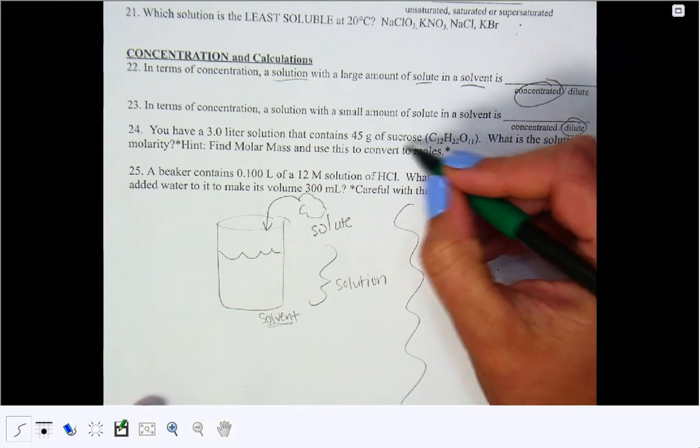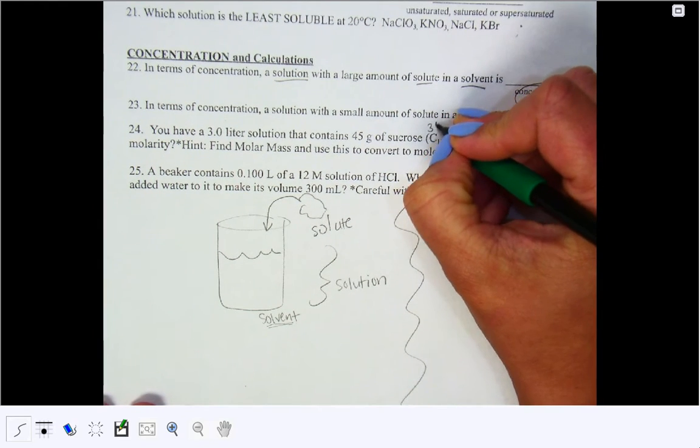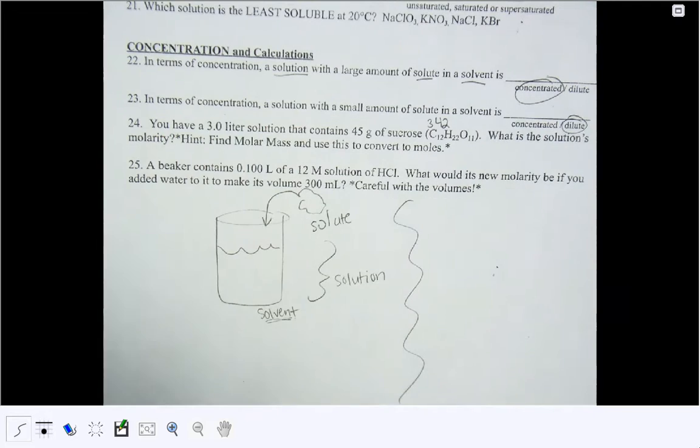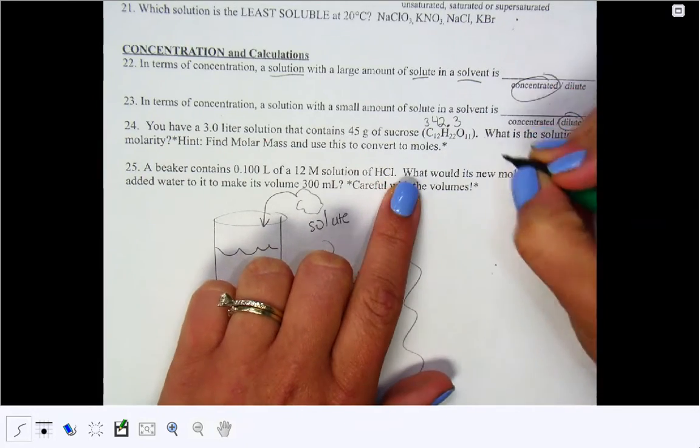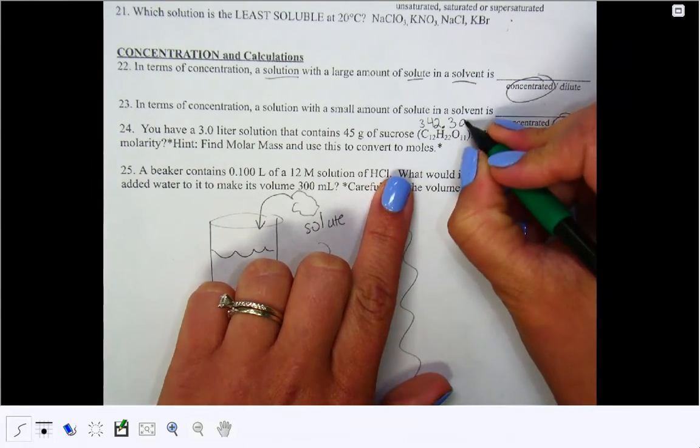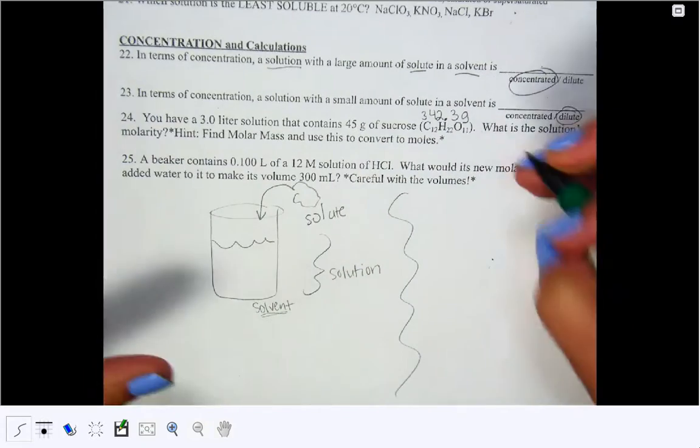The molar mass for sucrose on this should be 342.297 grams. So we'll round it to 342.3. We'll just say 342.3. That'll be easier. Grams, okay? So the molar mass was this.